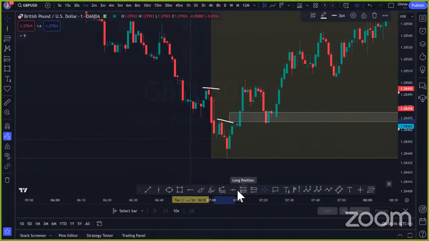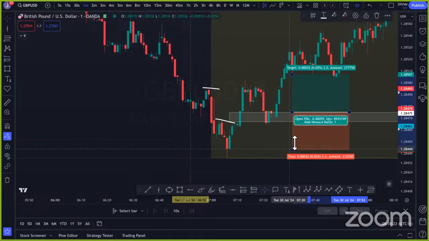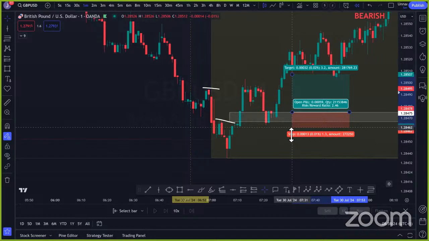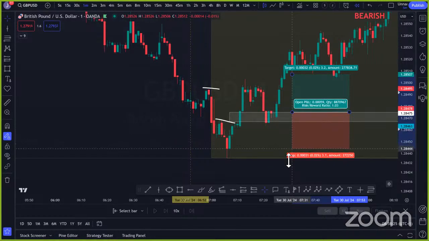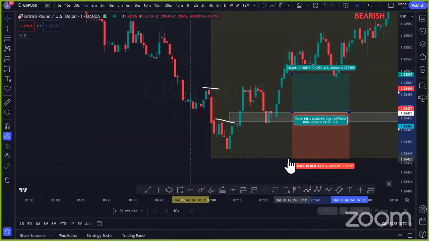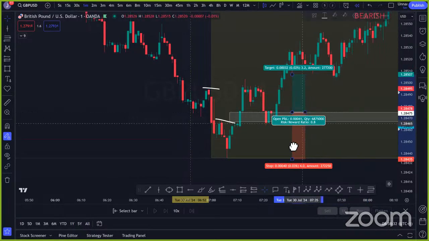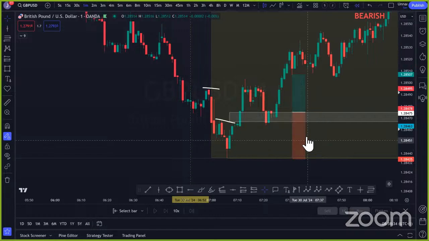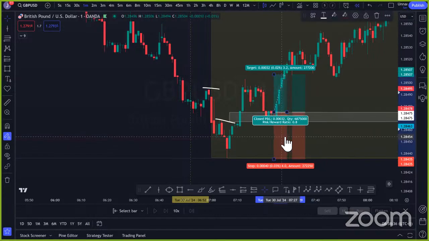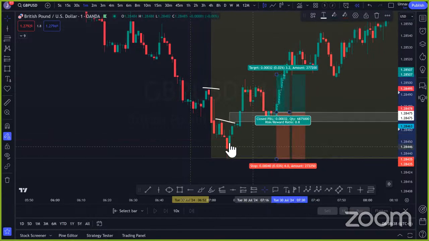This is our entry. It's the imbalance. And the safest place for us to place our stop would be below this low. Aggressive place to place our stop is taking into consideration just the imbalances that we can see that exist in this leg out.